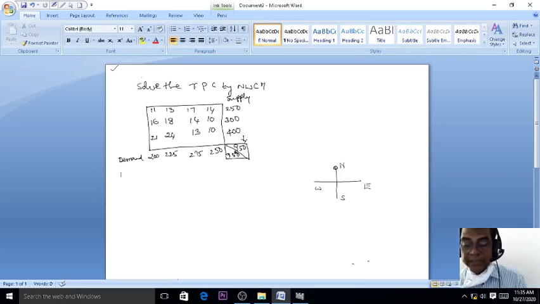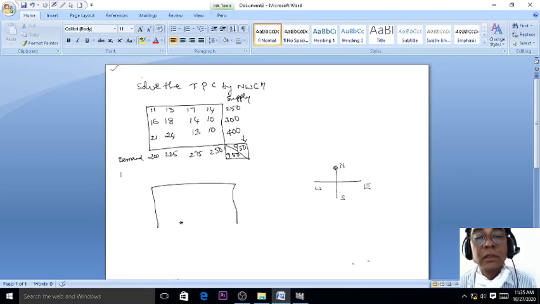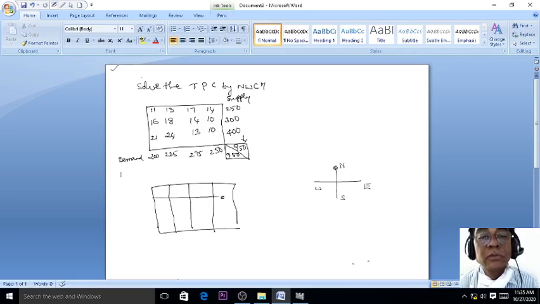Next, how many rows are there? 3 rows and 4 columns.